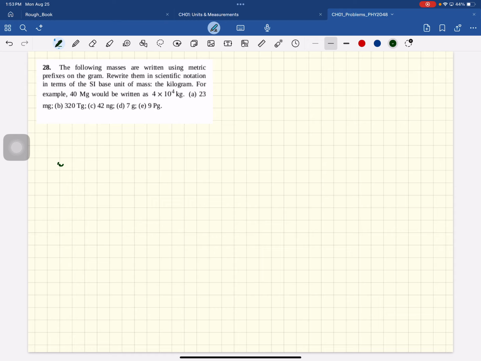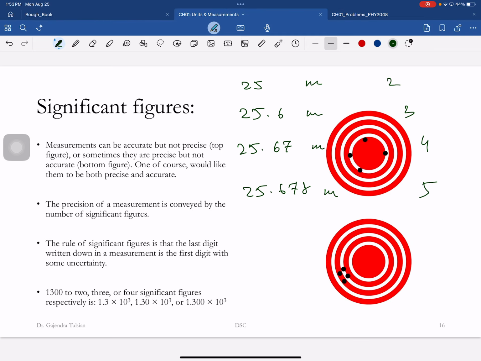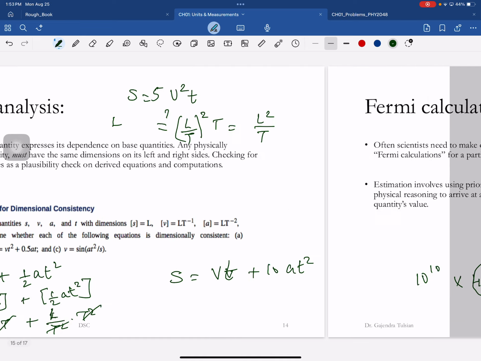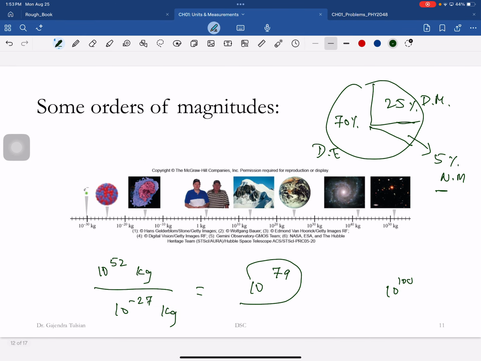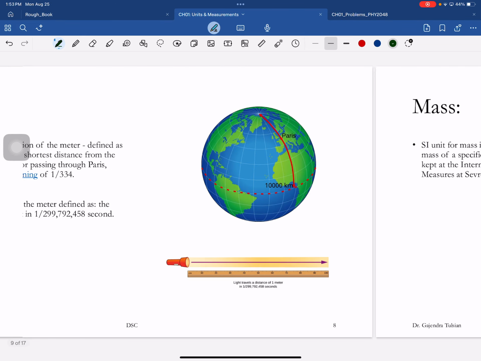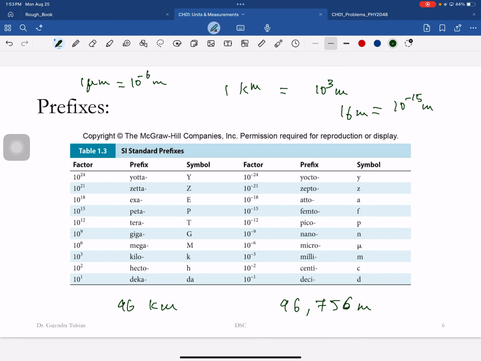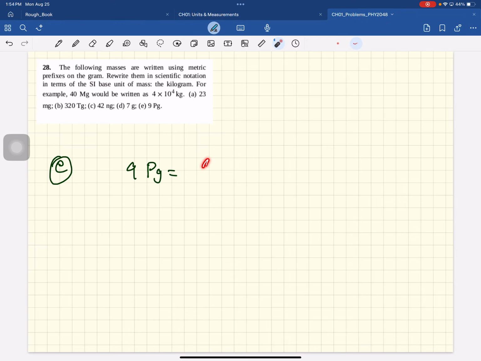So I'll do 9 petagram. Peta is 10 to the 15. So this is 9.